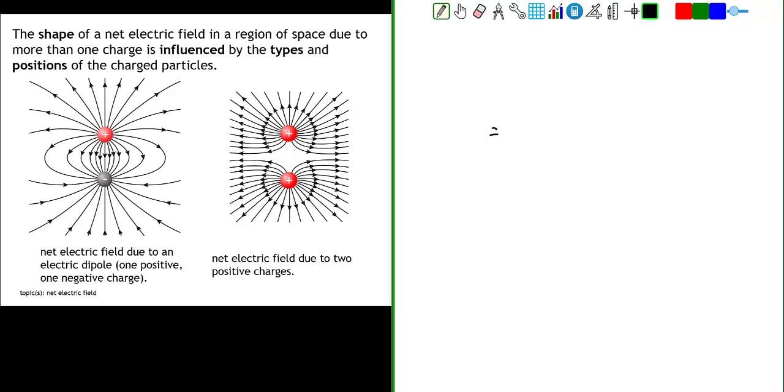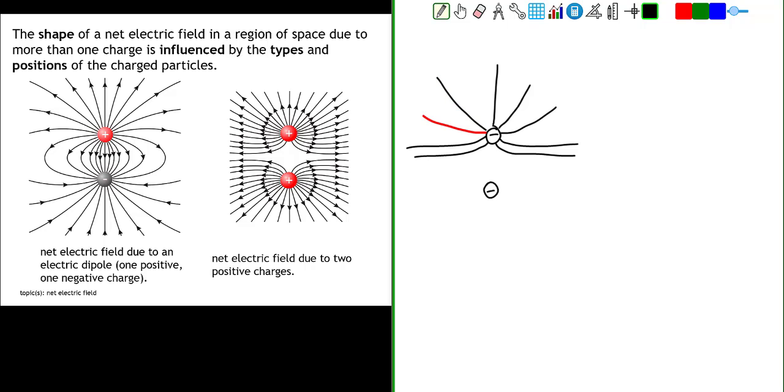If we had 2 negative charges, it would look just opposite of that. For me, the interesting thing about these fields is it kind of looks like they're pushing away from each other. So it's a reminder to me when I take my electric field probe to sketch the electric field vectors, the net electric field at any point in space.